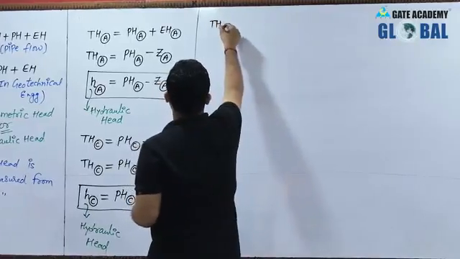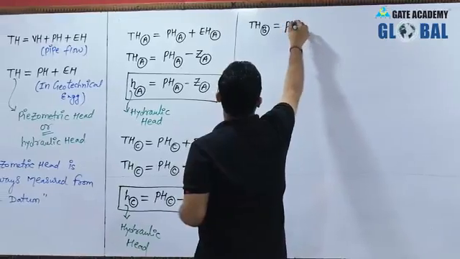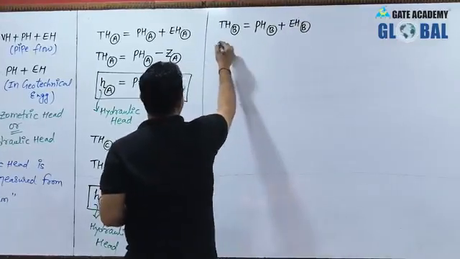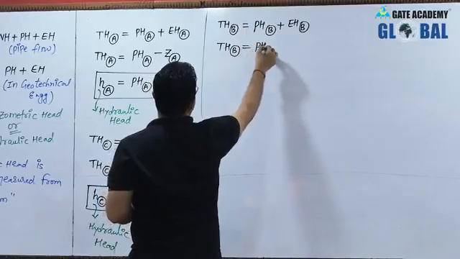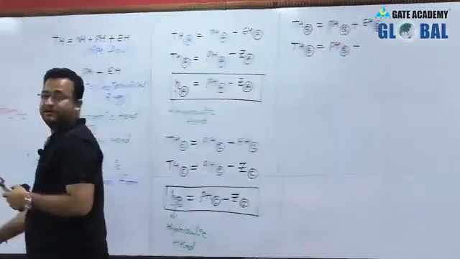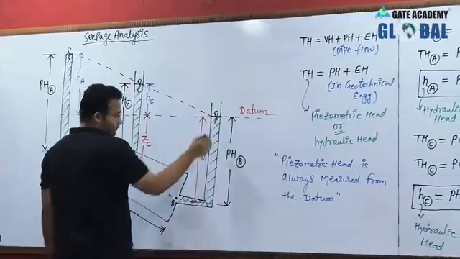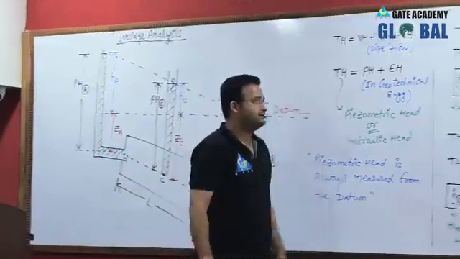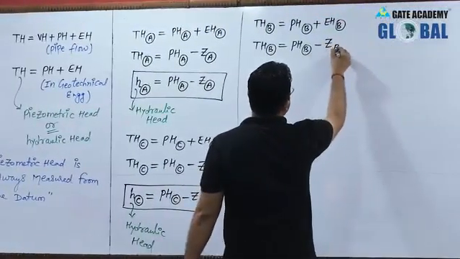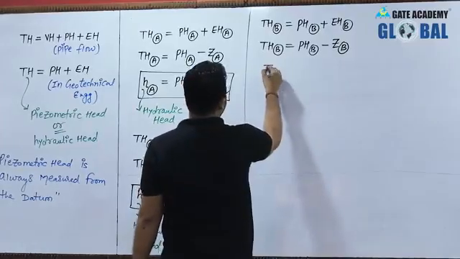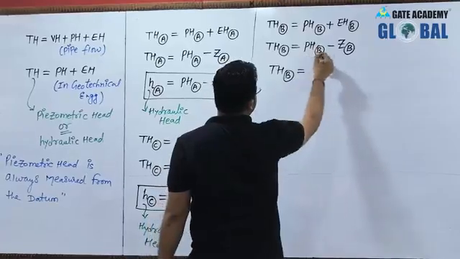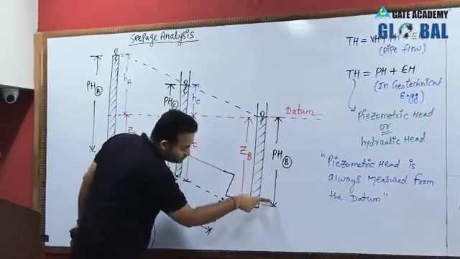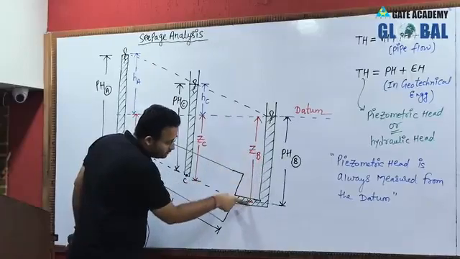Okay, now let's talk about the total head at B. Total head at B will be equal to pressure head at B plus elevation head at B. The point B is located below the datum line, so this ZB will be negative, so I write minus ZB here. Notice that the pressure head at B and the elevation head at B are both the same.